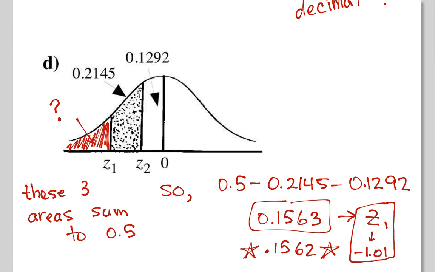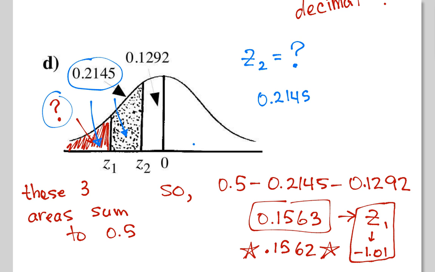Okay, so how in the world are we going to get Z2? What's the area to the left of Z2? This one and this one. So you have to add up this red question mark and the 0.2145. So 0.2145 plus the red question mark.